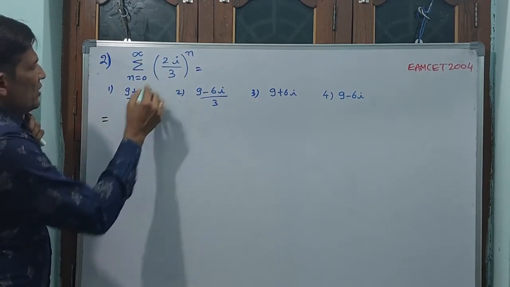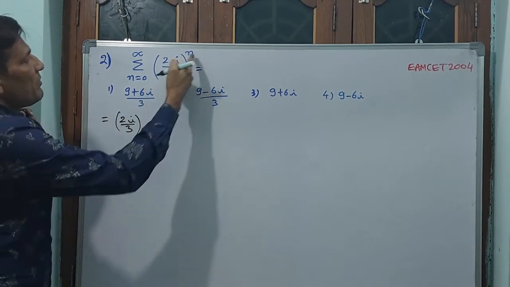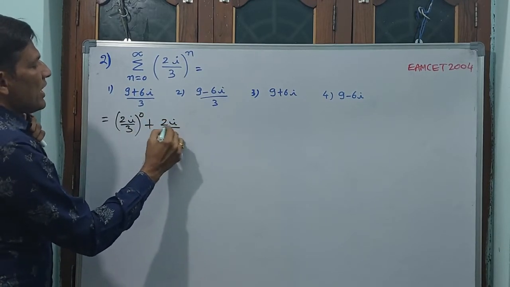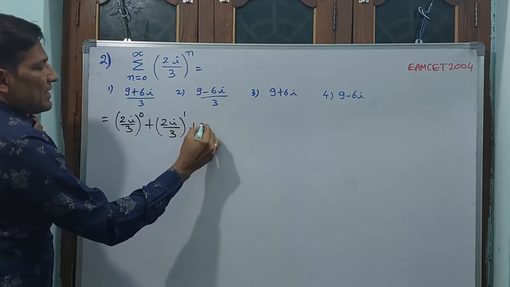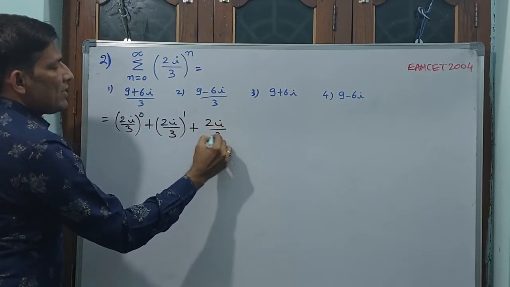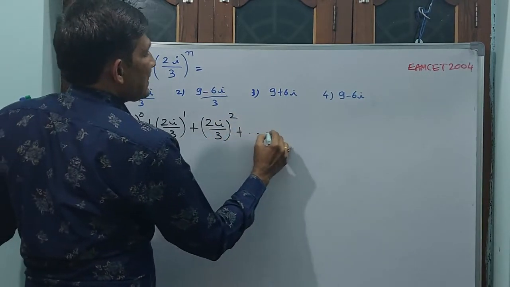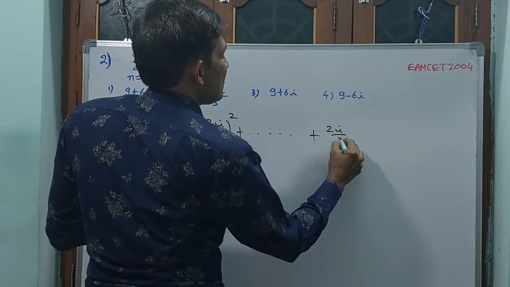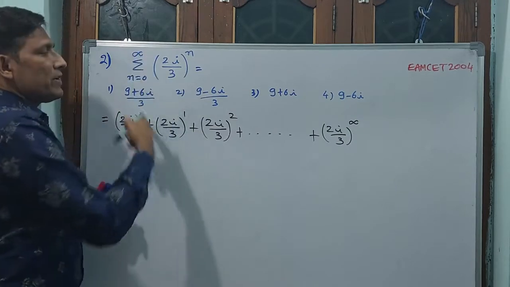Sn is (2I by 3) whole to the power of, in place of n first you keep 0, plus again 2I by 3 in place of n you keep 1, plus 2I by 3 in place of n you keep 2, plus like that it will go up to 2I by 3 in place of n you keep infinity. Why? Because up to infinity they have given.